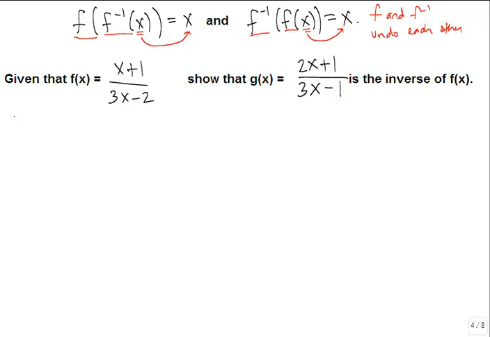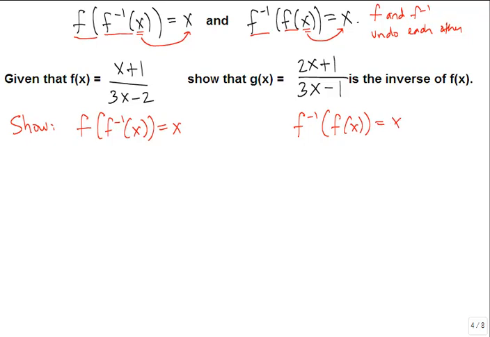And formally, this is what you would have to do to prove that these are inverses of each other. You would have to show that the function f composed with its inverse gives you back x, and then you also have to show it in the other order. You have to do it both ways. So if you start with f inverse and compose it with f, you should get back x as well.